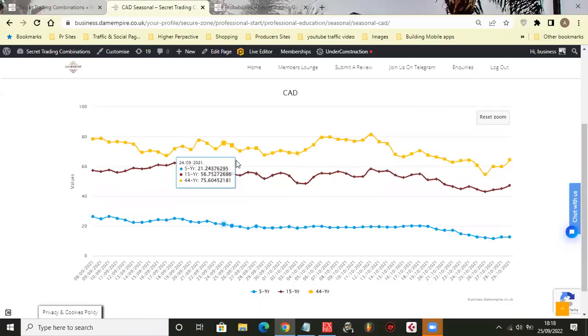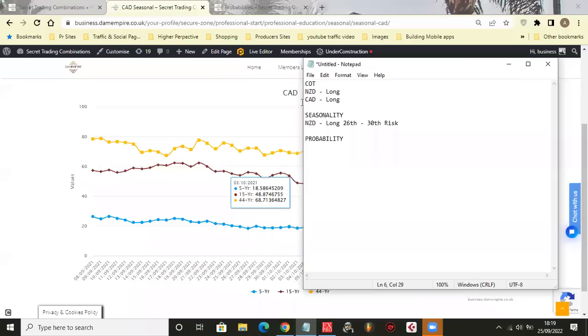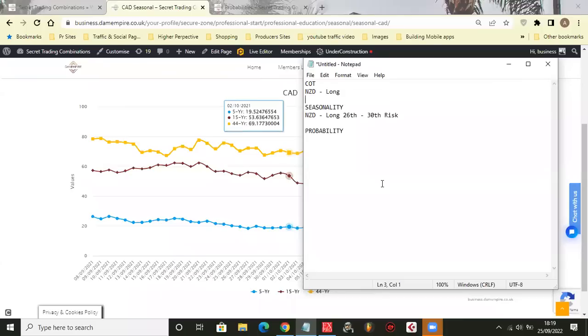Now for that reason, from the 25th right here up until here, all 3 are looking like short. All right. So for that reason, I'm going to delete CAD out of the list because COT is telling me to go long, or seasonality is telling me to go short. Therefore, I'm going to play it safe, and I'm not going to say, oh, one might be more correct than the other. I want them all to focus on the same angle.